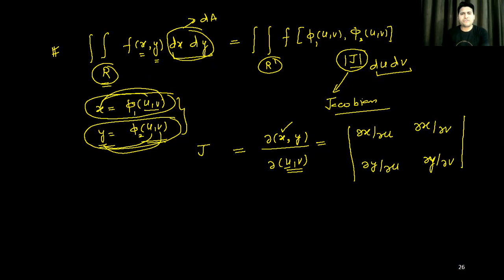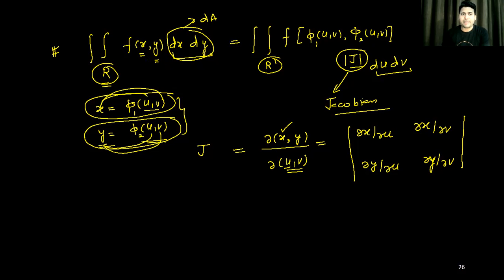So this is how we can do the change of variable in a double integral. That is, we are not only changing the variable, but also changing the region of integration from the xy plane to the uv plane. That's why this Jacobian is coming in the integral.